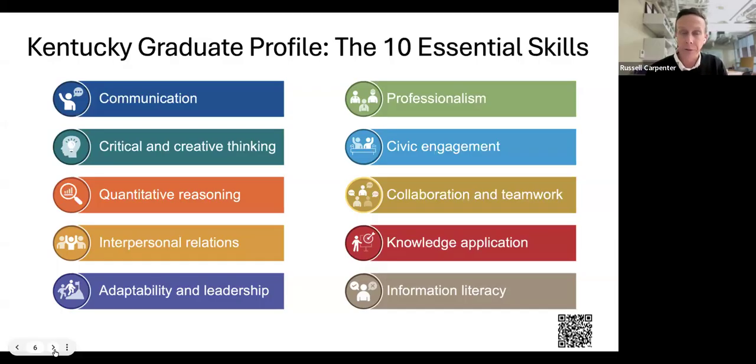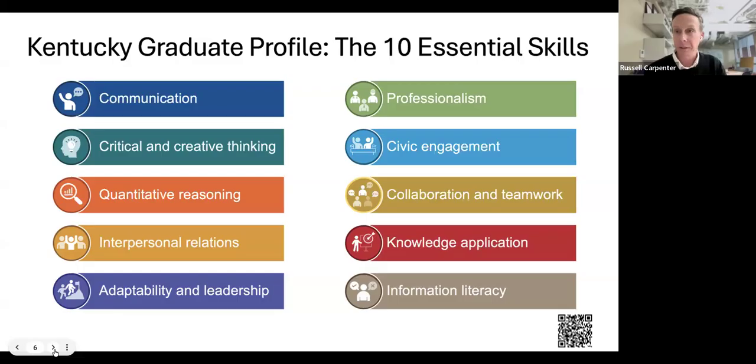Through the graduate profile, we're really setting them up for success for the future in future courses as they navigate the curriculum in and across our higher education institutions and move into the workforce.